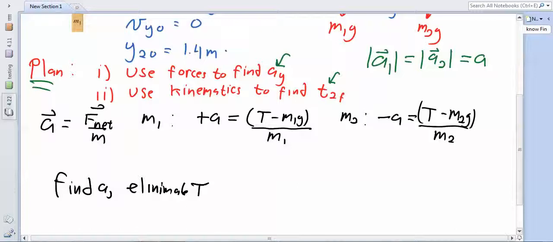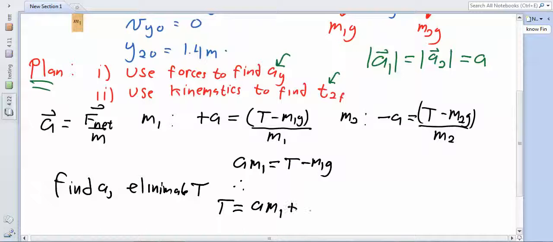So for M1, if I cross multiply, I get A times M1 equals T minus M1G, and so therefore T is equal to A times M1 plus M1G. And I'll put a box around that so we remember to use it.